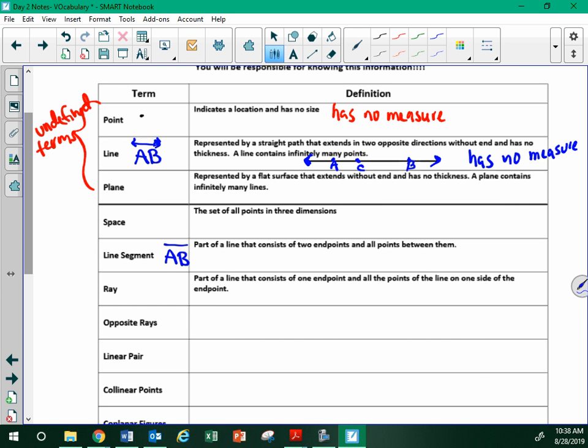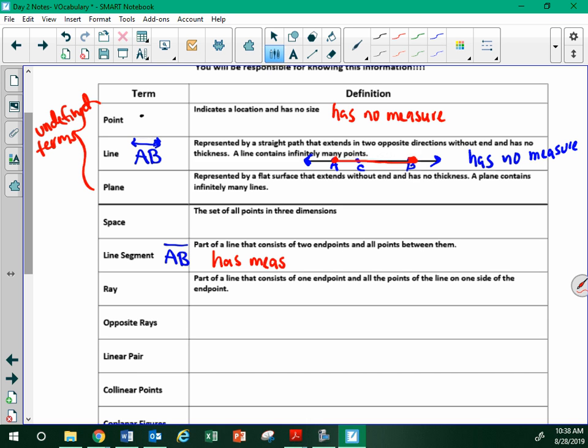Even though there's more than just segment AB happening in this picture, segment AB is just the segment from A to B. So I can use this picture to refer to segment AB. When I say segment AB, I'm only talking about this here and not everything else on the outside. Because a line segment does have endpoints, it does have measure.